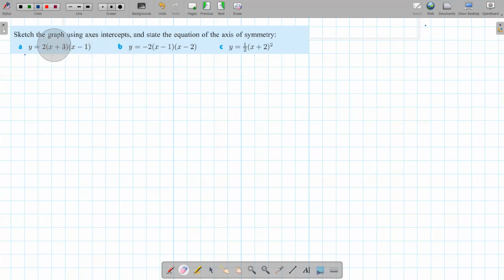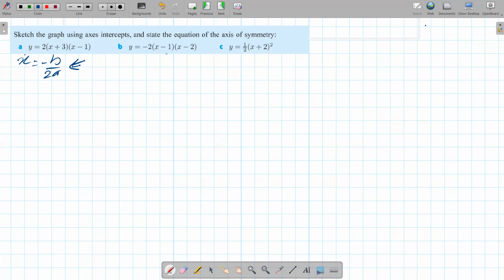Question B said, sketch the graph using axis intercepts, and state the equation of the axis of symmetry. We need to find x equals -b/2a because this is the rule for the axis of symmetry, and we need to determine the axis intercepts.